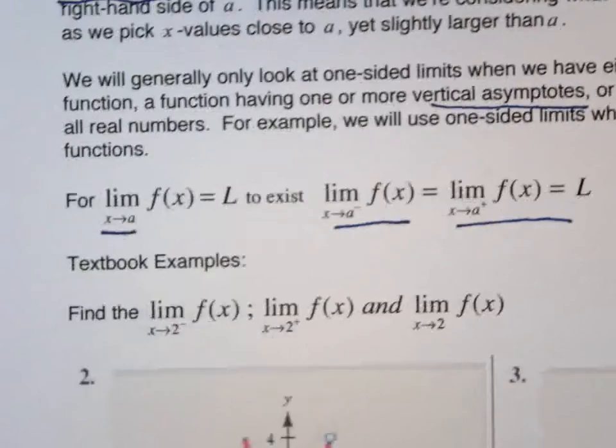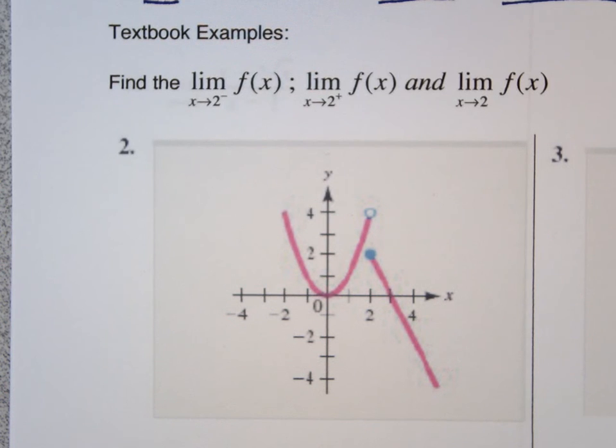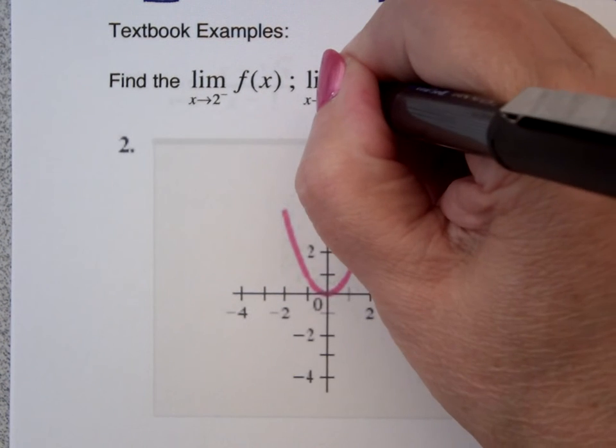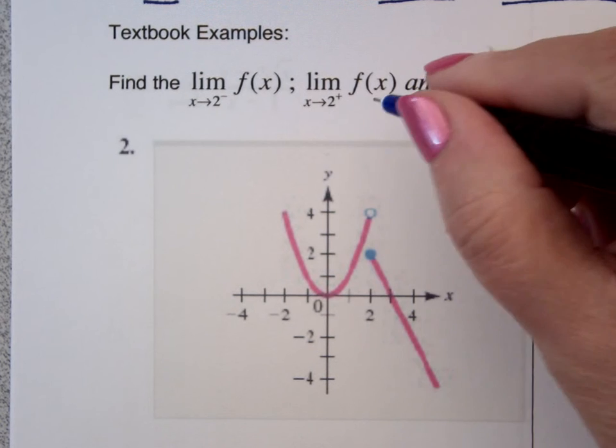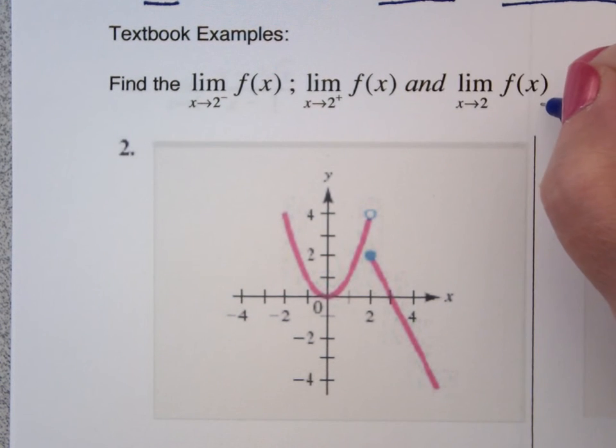So if I look at the first picture, and it says find the limit as x approaches 2 from the left, and the limit as x approaches 2 from the right, and the limit as x approaches 2, period.